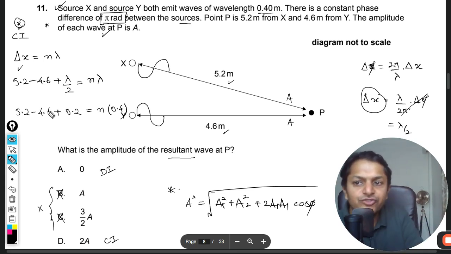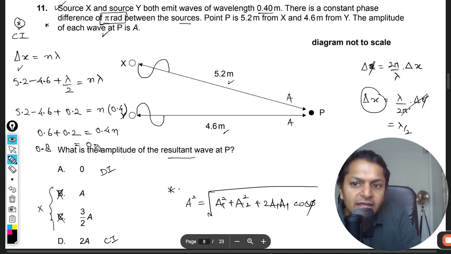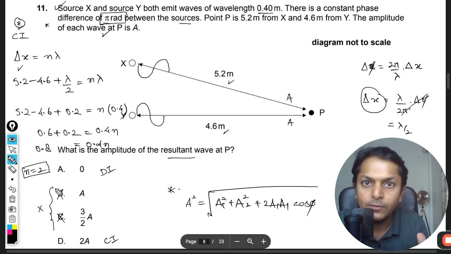Let us solve this condition. 5.2 minus 4.6 becomes 0.6, plus 0.2. So this is coming out to be 0.8, which is equal to 0.4 times n. So clearly the n value is coming out to be equal to 2.